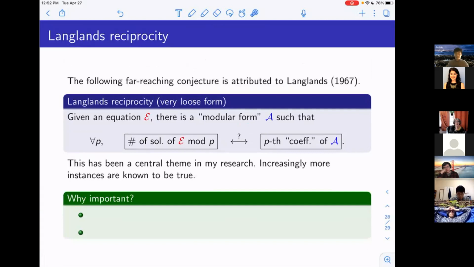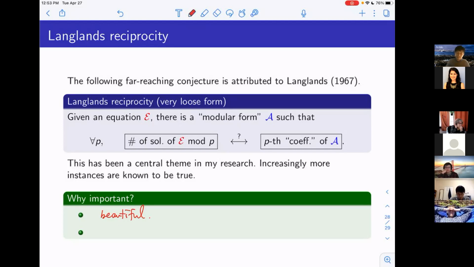Let me quickly say why I think that's important. Well, the first reason is that it's a beautiful statement, just like quadratic reciprocity, and especially the attractive point is that it relates mathematical objects that are seemingly completely unrelated.